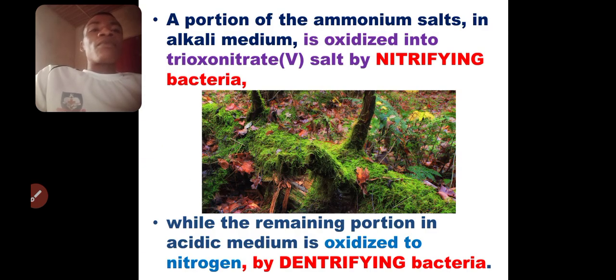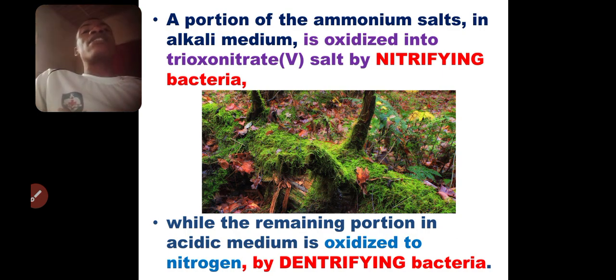Now, a portion of the ammonium salt can be converted to the useful trioxonitrate(V) salt by nitrifying bacteria, while another portion in acidic medium can be converted back into gaseous nitrogen by denitrifying bacteria.